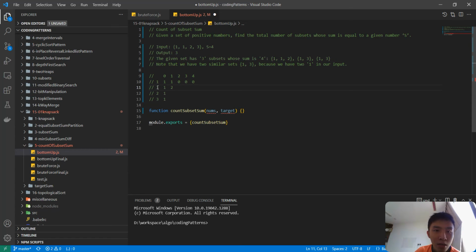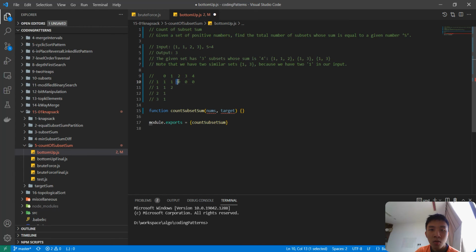If we skip one, the answer can be found right above, which is how many subsets sum up to the same target sum, 2, using only one here, not including one here.